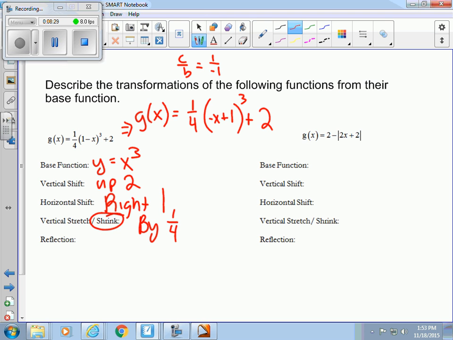Is there one on the outside? No. So there's not a reflection over the x-axis. Is there one on the inside with the x? X is negative. So what does that mean I reflect over when x is negative? Look back. Glance back. The y-axis.